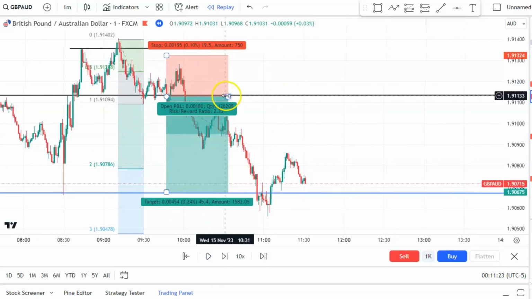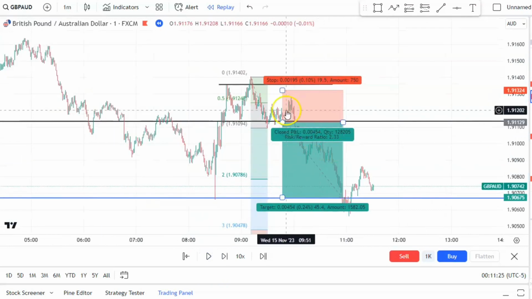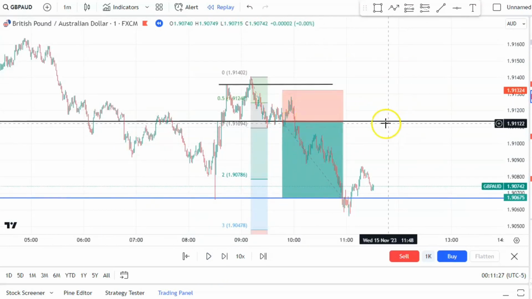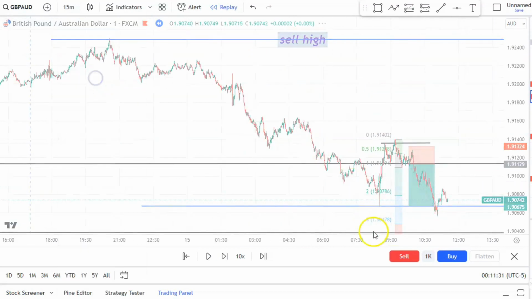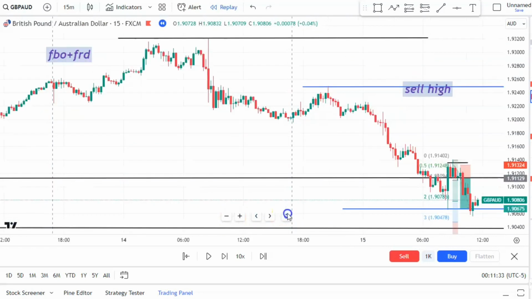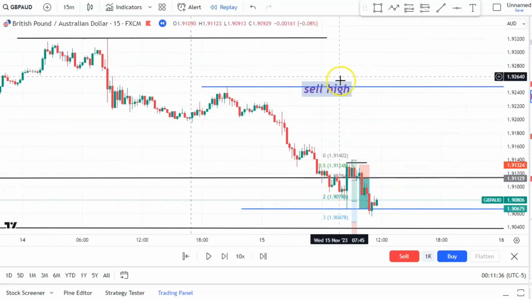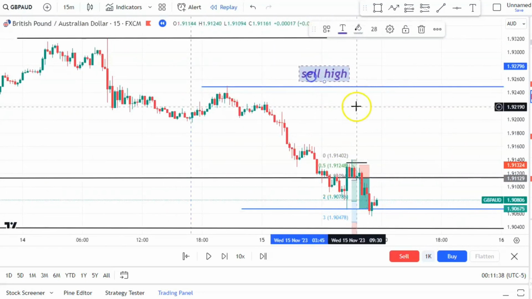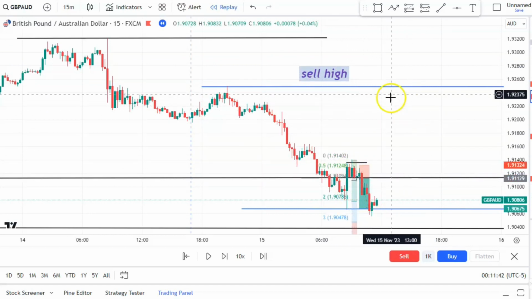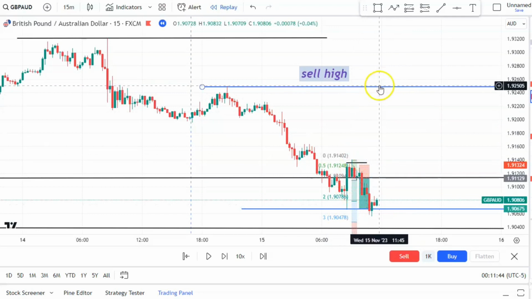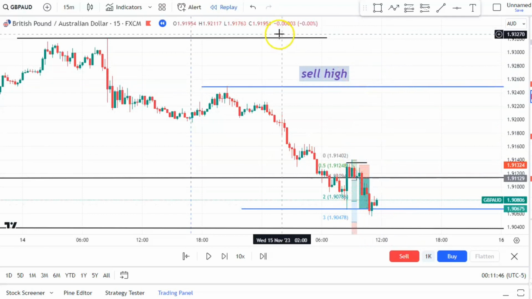And basically, if you want to take advantage of moves like this, you just need to align everything. Just because we are at the low doesn't mean we start buying, because my thesis is sell high. So I'll be looking for an opportunity to sell high, either high of the session, high of the day, high of the previous day.